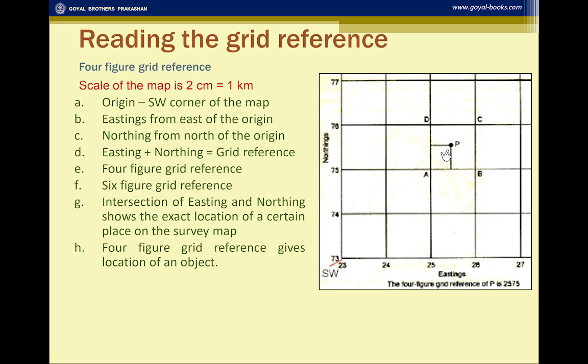So here the location of point P is here, and the 4-figure grid reference of point P is 2575.